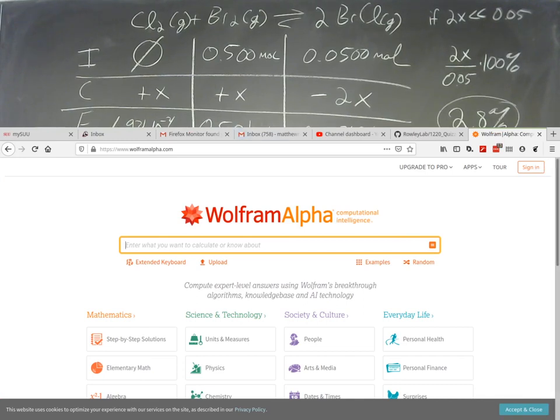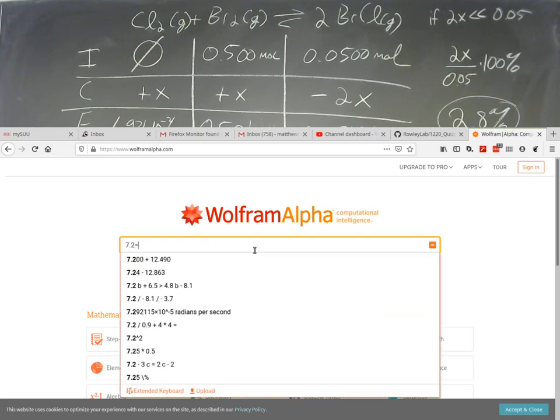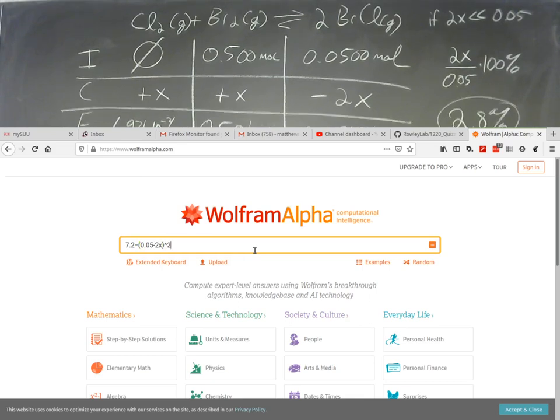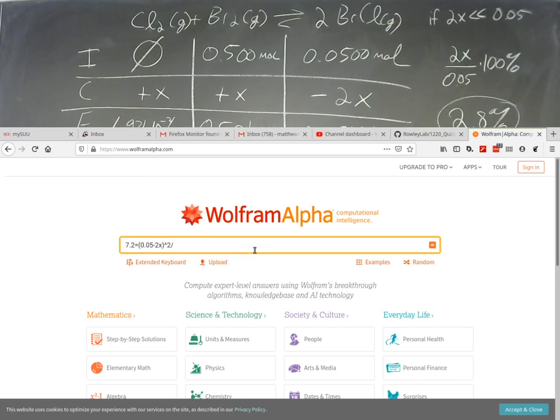I would go to Wolfram Alpha, which allows for solving equations, and I'll just do 7.2 is equal to 0.05 minus 2x squared divided by x times 0.5 plus x.